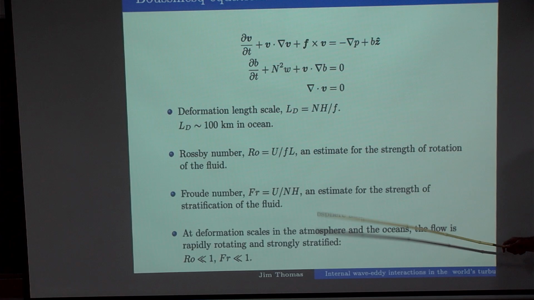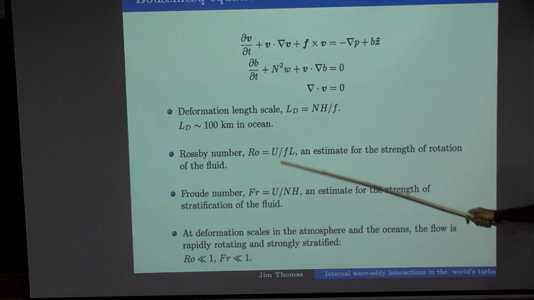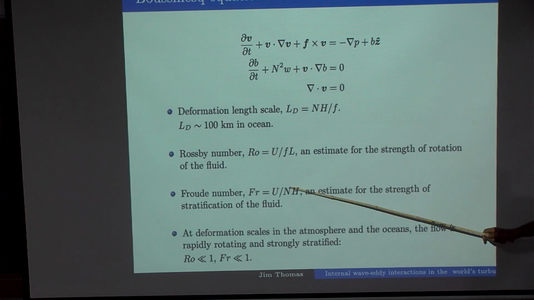So these are two numbers that tell us how rotation and stratification of the fluid affect the flow. For the large scale dynamics of the atmosphere and the ocean, we will be in a regime where the Rossby number is small because the fluid is fast rotating, and the Froude number is also small because the stratification, or N, is very strong. So in a stratified and rotating fluid, we have these conditions at large scales.